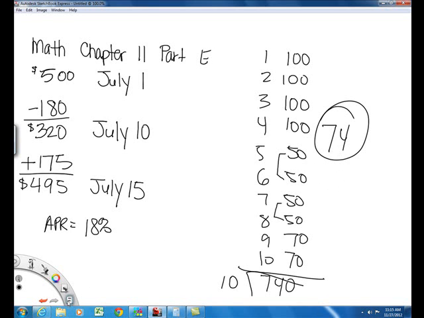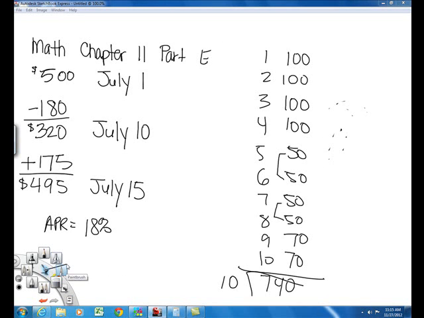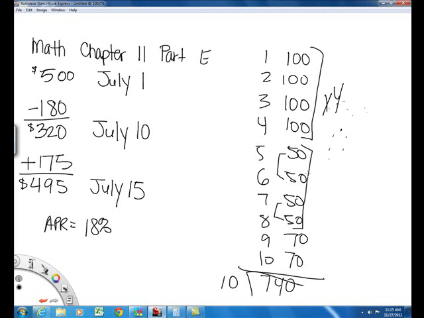Another way I could do it is to say I was at 100 for 4 days, I was at 50 for 4 days, and I was at 70 for 2 days.